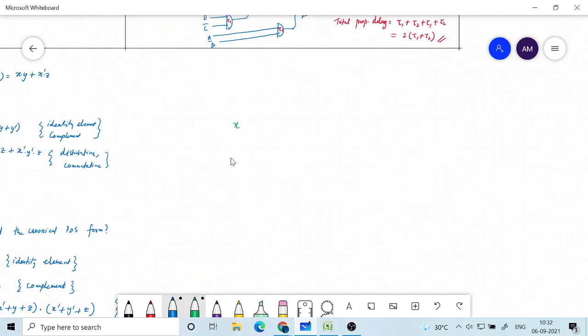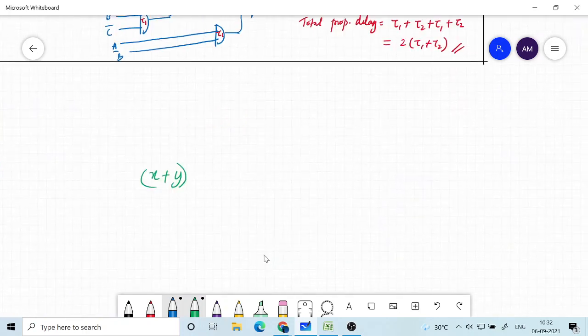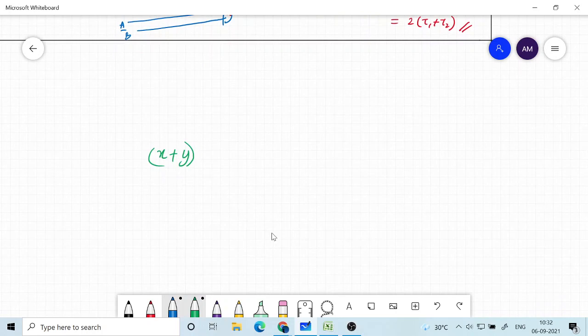So (x plus y) dot (x dash plus z) dot (y plus z), right? This is given.